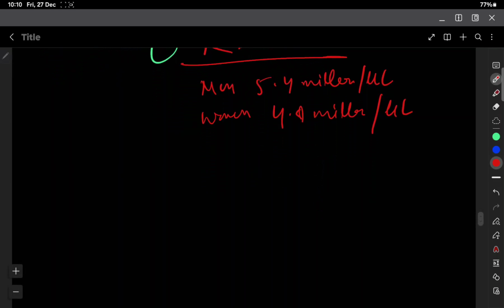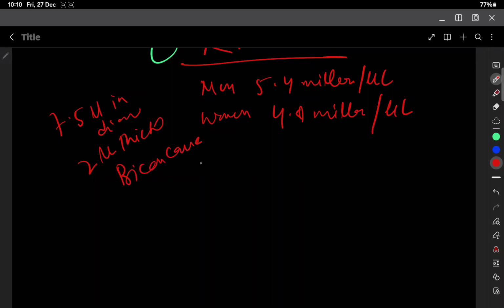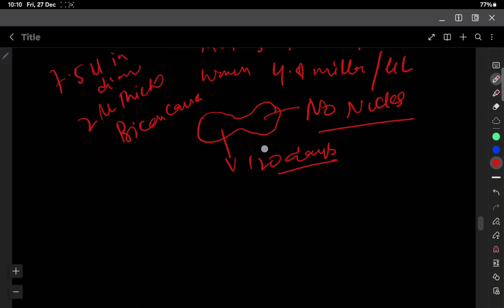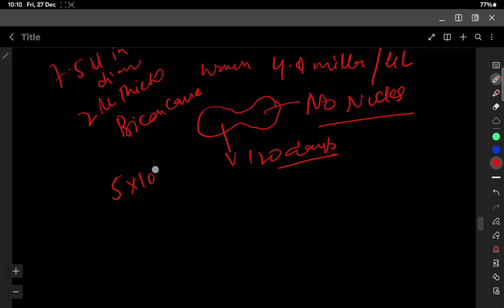They are tiny, 7.5 micron in diameter and 2 micron thick, and they are biconcave and anucleate, with no nucleus. The lifespan is 120 days, after which they die. Almost 5 into 10 raised to the power 11 RBCs are destroyed every day.